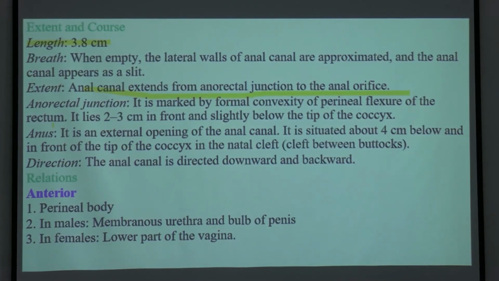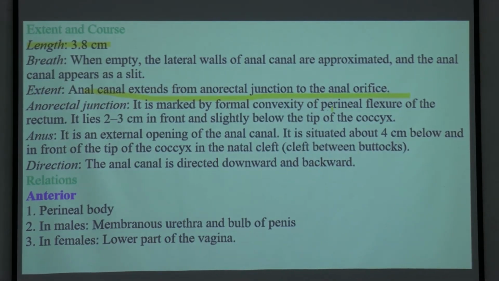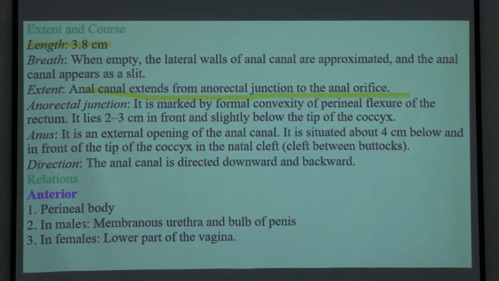The length is 38 millimeters, or 3.8 centimeters. The direction is downwards and backwards, and it ultimately opens at the anal orifice.